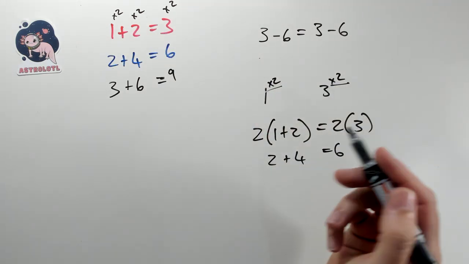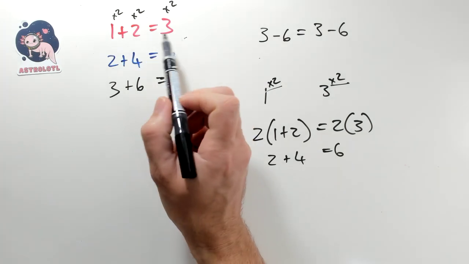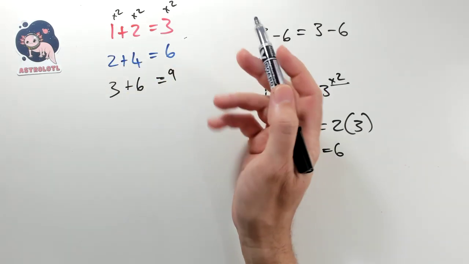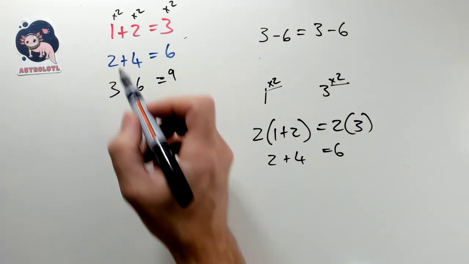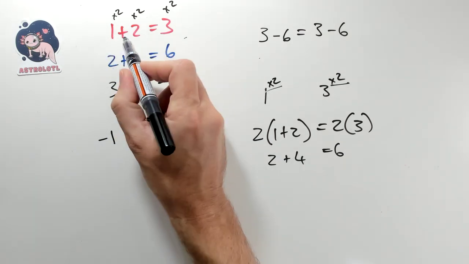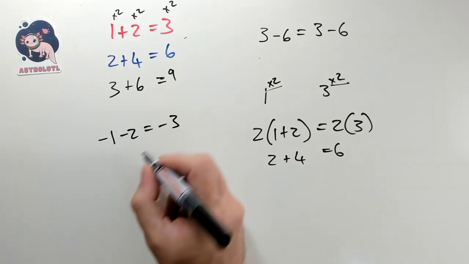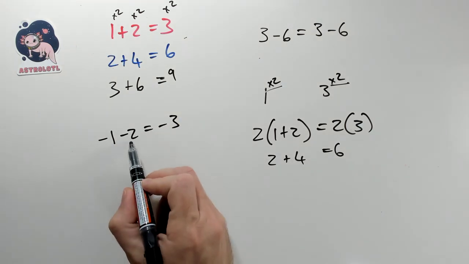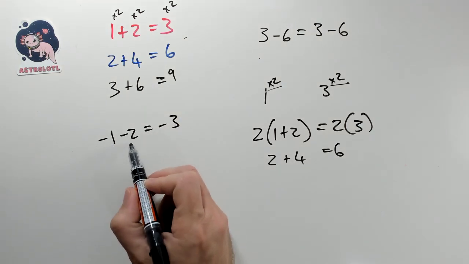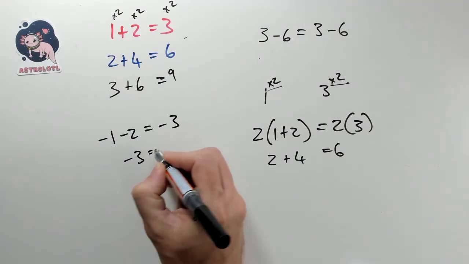The last point I want to make is that in an equation, I can change all the signs, but I have to change the sign of every term and it'll still be balanced. For example, if I change this to a -1, then I'd have to change that into -2 and that into -3. Now I see -2 minus -1 minus -2 is going to be -3, and that works out.